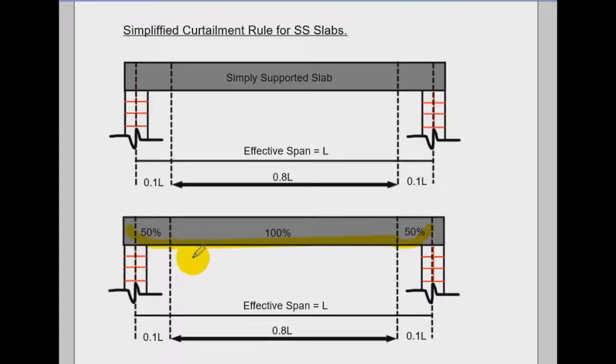So simply provide here the entire reinforcement that we calculated, and here when you are approaching the end or approaching the support, then just provide 50% of the reinforcement. This is just to save money. That is the main idea of curtailment, to save money.